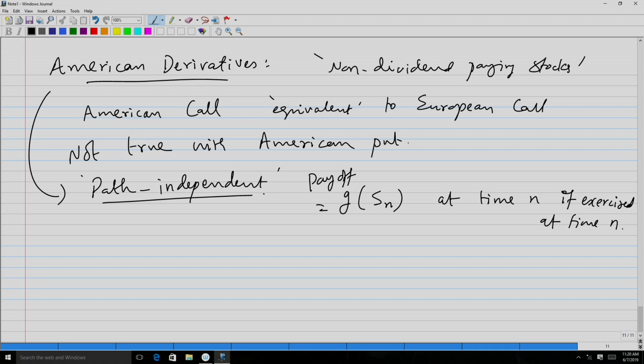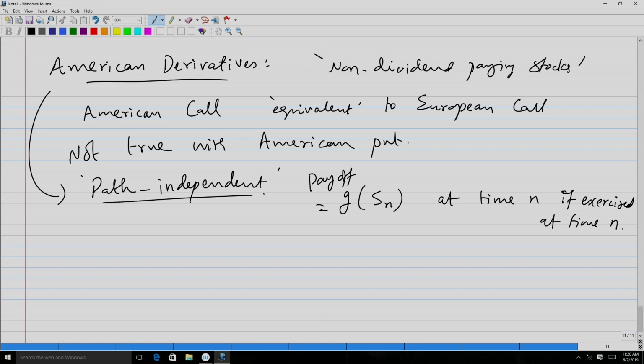So, let us take g of S_n as some function, where g is the payoff function at any time n if exercised at time n. If you exercise at time n, then the payoff that you are going to get is g of S_n, right. If you do not exercise, of course, then you have to hedge into the future, right.